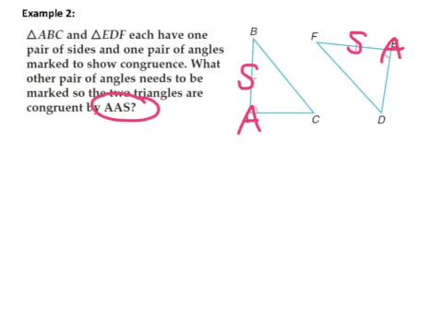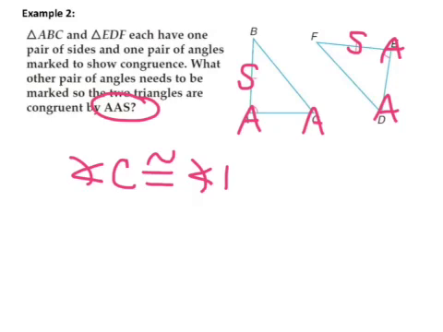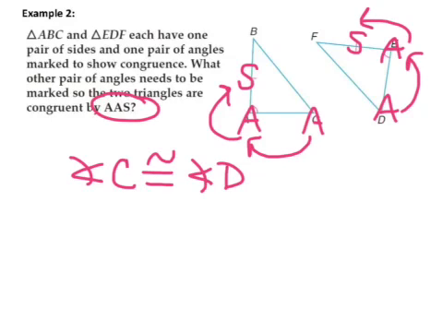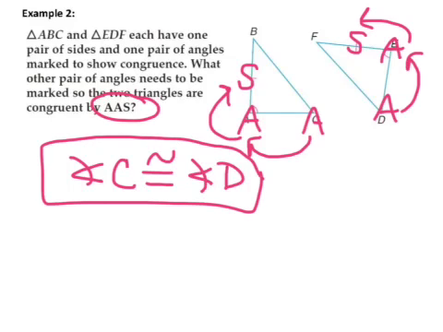Therefore, I'm going to want angle C congruent to angle D. Again, this is because of the angle side postulate. Angle side postulate. Therefore, if angle C was congruent to angle D, these two triangles would be congruent by the angle-angle side postulate.